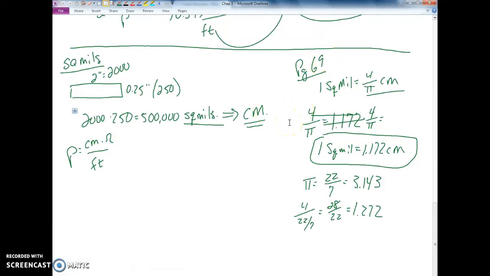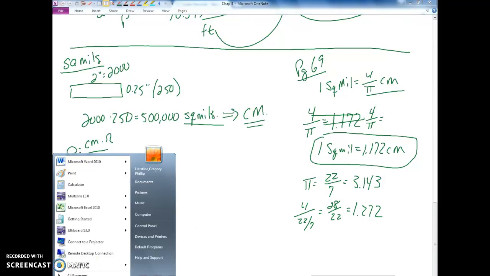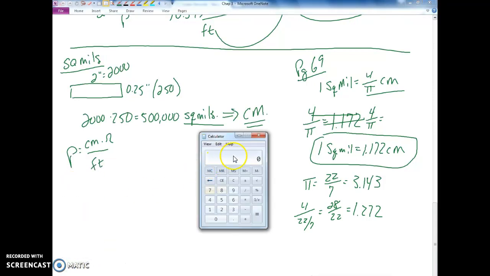So on my previous video, I was right in the middle of making this correction of 4 divided by pi. So that would be 4 divided by 3.143.